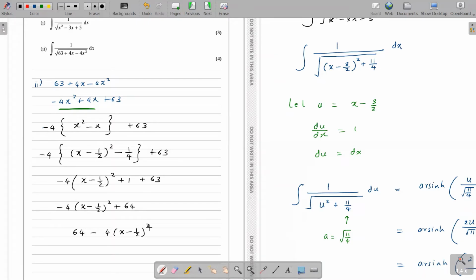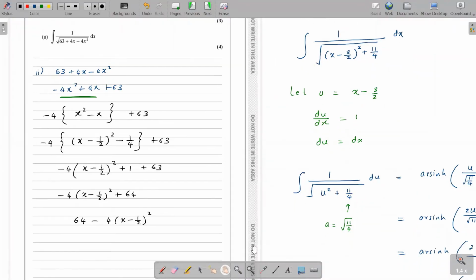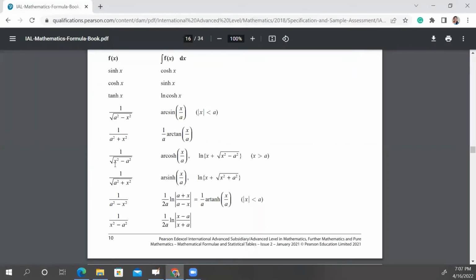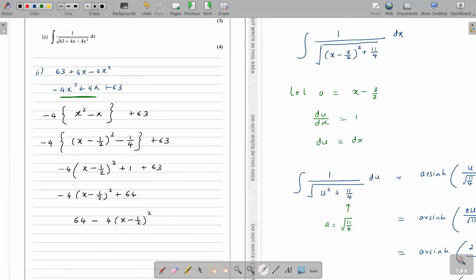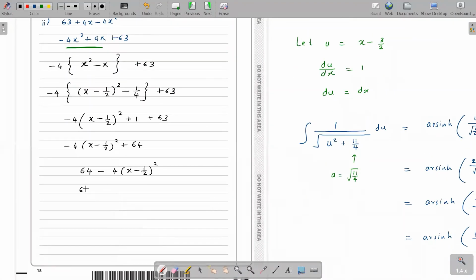Okay, how can we simplify this a little bit further? Now earlier also we took this part to be our u, right? But you can see now we have a 4 and a u coming here. If you look at the rules, we need our x square to be alone. You should not have any other coefficient. So one way of getting around this is, 4 is 2 to the power 2. 2 to the power 2, x minus half to the power 2.